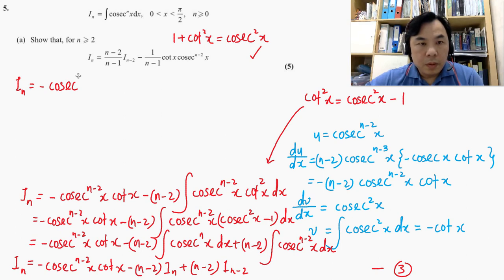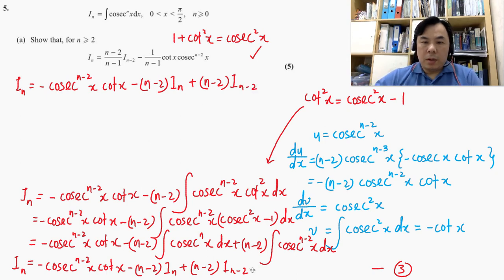Okay, so there is minus cosecant^(n-2) x cotangent x, minus (n-2) I_n, plus (n-2) I_(n-2). Okay, now that's the result that I have right now. And then I noticed that both sides have I_n, so you might want to combine them.